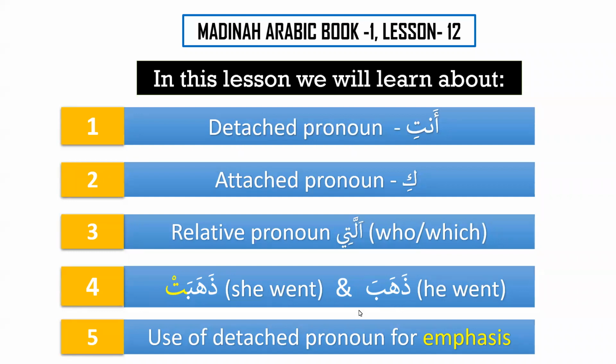When you want to talk about a singular feminine, we say dhahabat, she went. The difference is the addition of ta as-sakin. Also, sometimes the detached pronouns can be used for the purpose of emphasis.